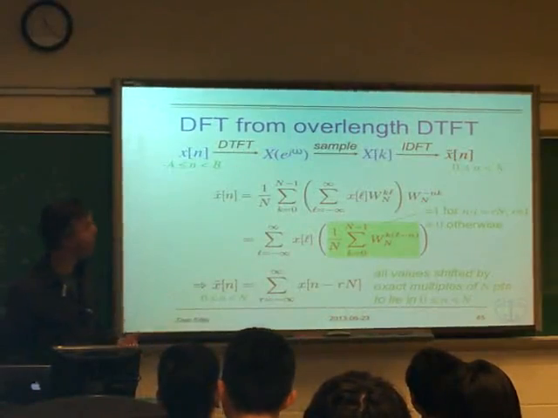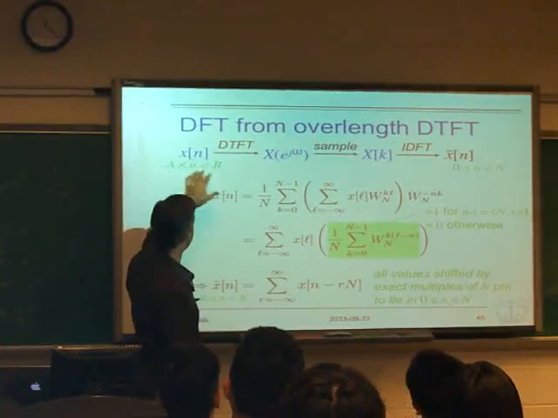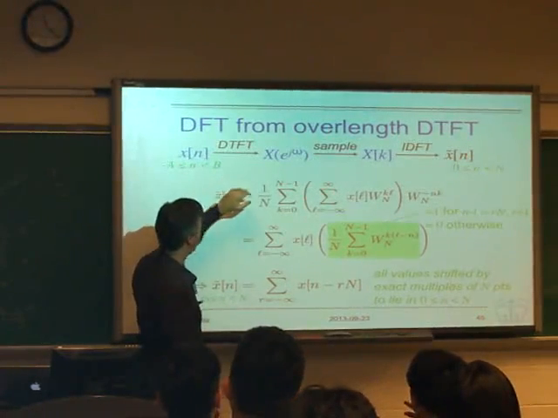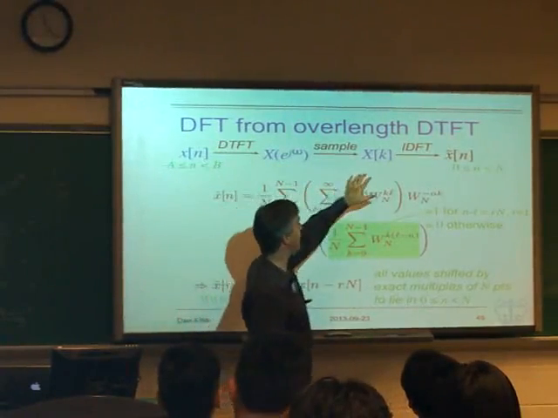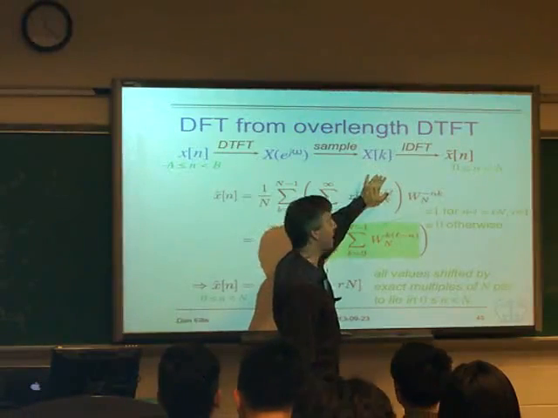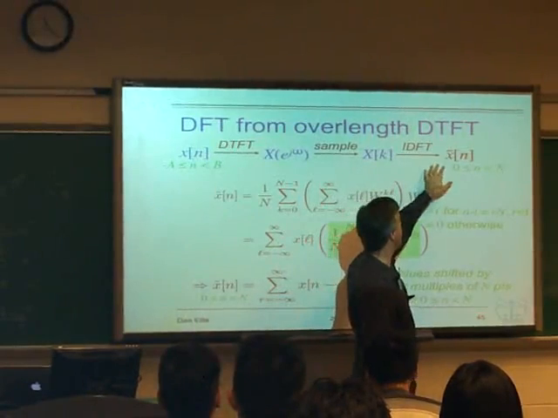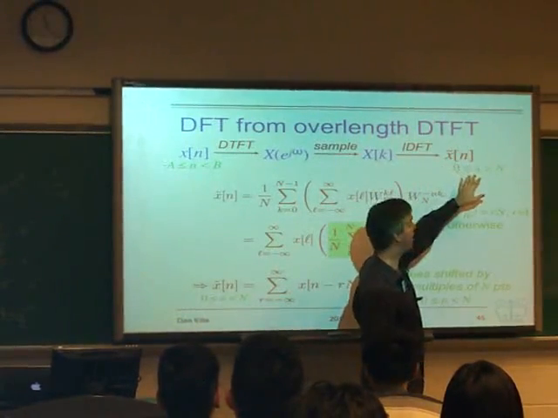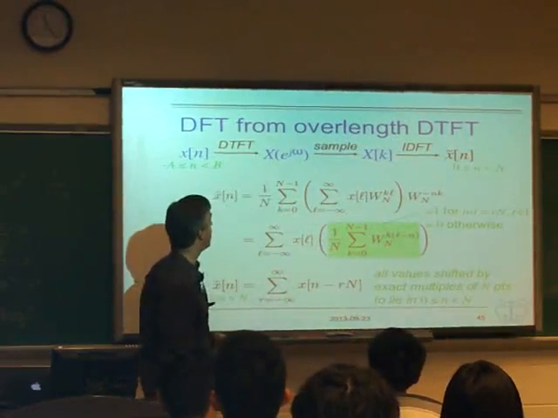Again, we can do this by working through the math. So here's the process. We've got X of n, which has some arbitrary longer length. We take its DTFT to get X of e to the j omega. We sample that at big N points to get X of k, for k equals 0 through N minus 1. And then we IDFT that to get X twiddle of n, which is now also only unique between 0 and big N minus 1.